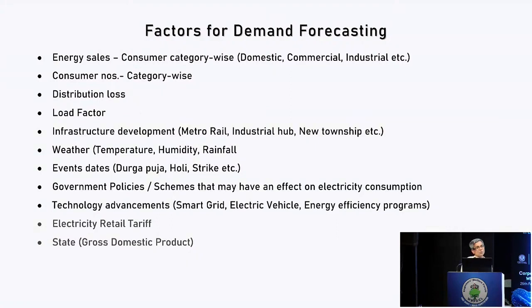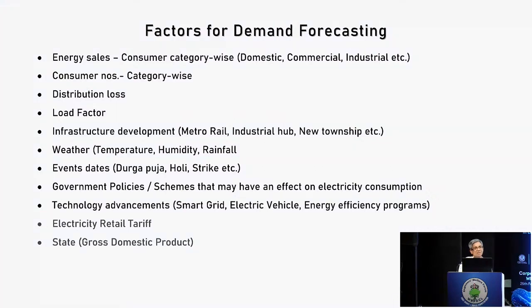A tariff, of course. If there is any sudden implementation and change in tariff, like time of day tariff, gradually it will be implemented, we understand. Now in most cases time of the day tariff is optional. So gradually it will be implemented for all industrial, then commercial, maybe sometime for domestic as well.